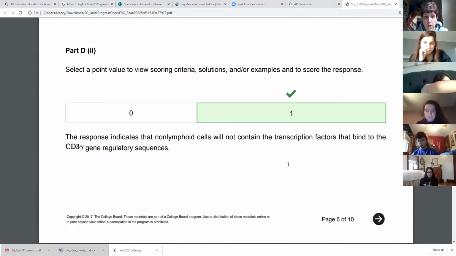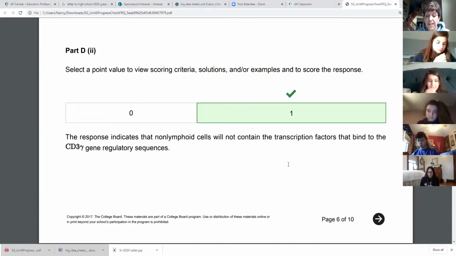That's all they were looking for. But knowing that that's all they took, I can be pretty confident that if you write that because they don't have the same receptors, they wouldn't lead to the same result and wouldn't produce the same transcription factors, that also would be correct.